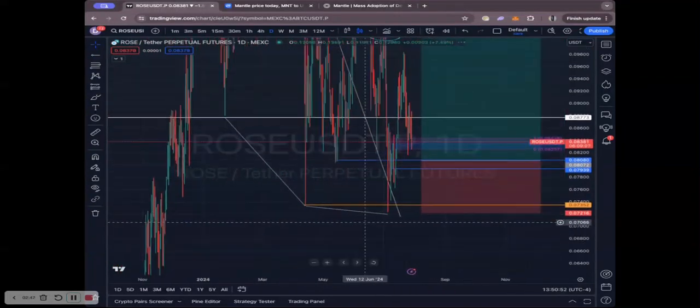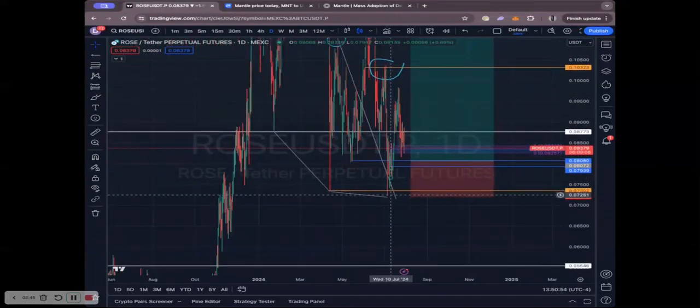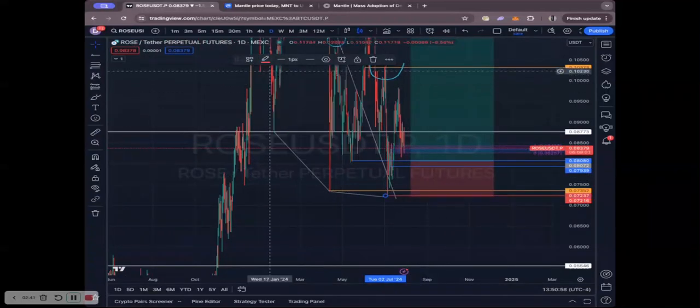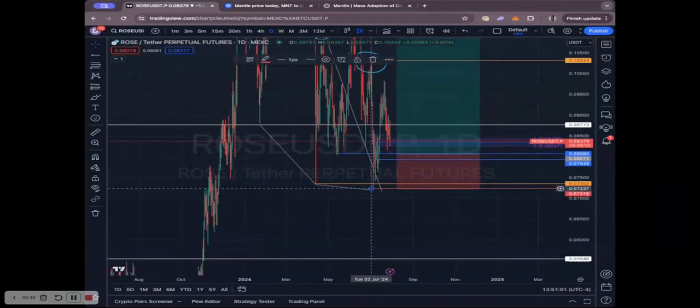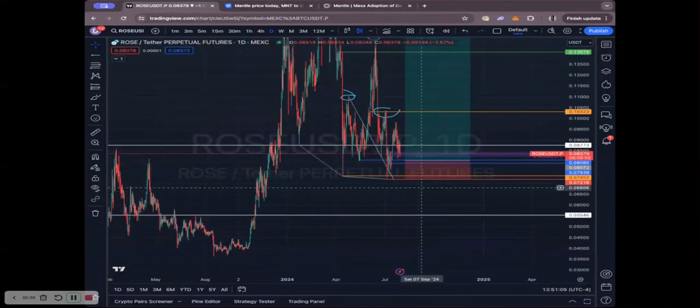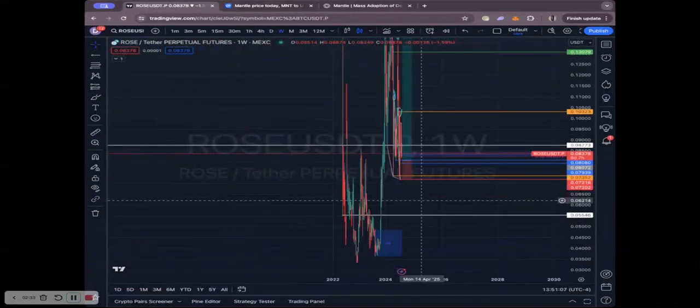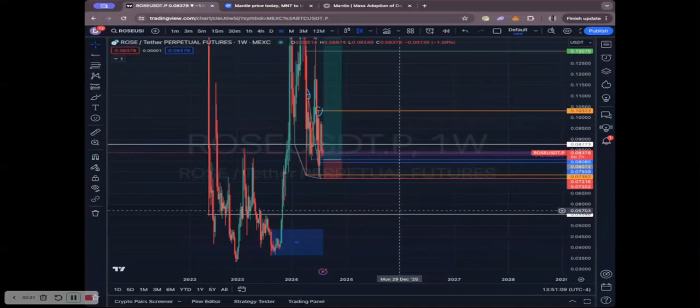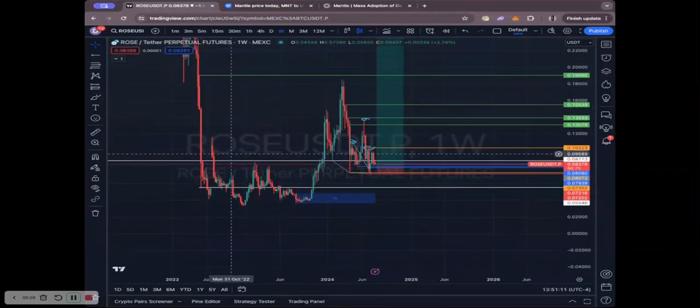This is a good range, but it's just iffy because as soon as we break this low right down here, this being the new low, then effectively the trajectory will be going all the way back down to its weekly OB, right? So we did have one.